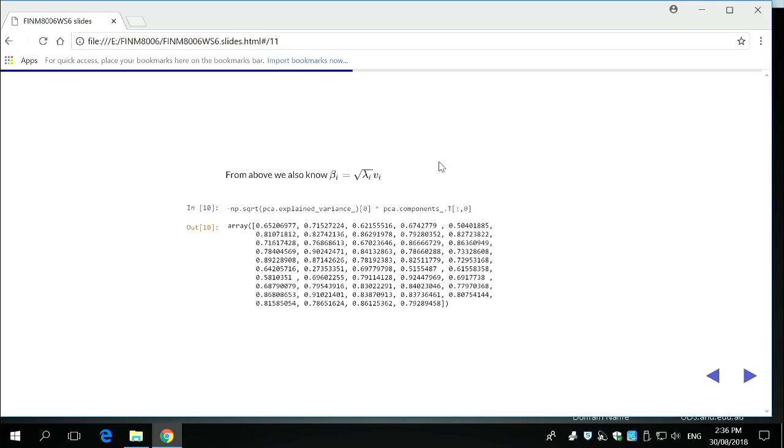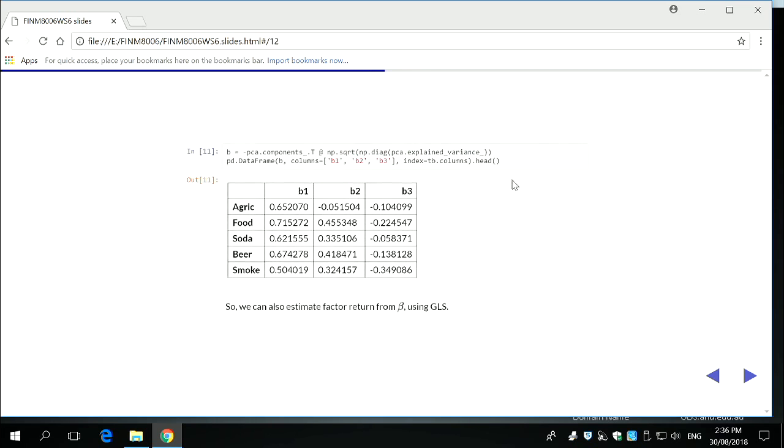What we get will be the factor return, and I can do this period by period, or I can just put them all together. This estimates all of them at the same time with matrix algebra. So you have beta 1, beta 2, beta 3, and with these I can estimate the factor returns.